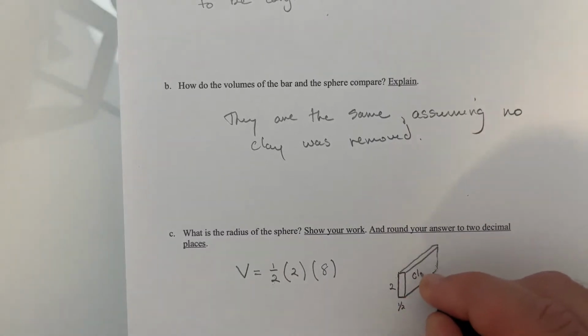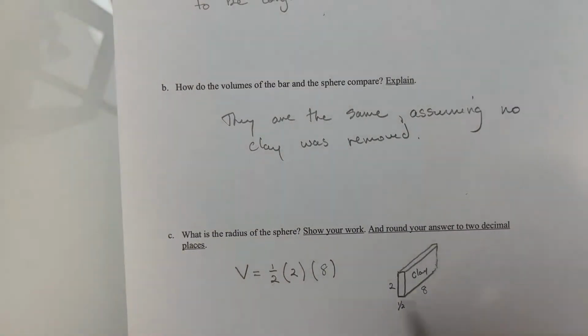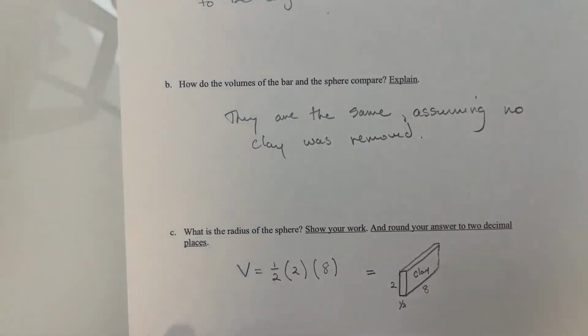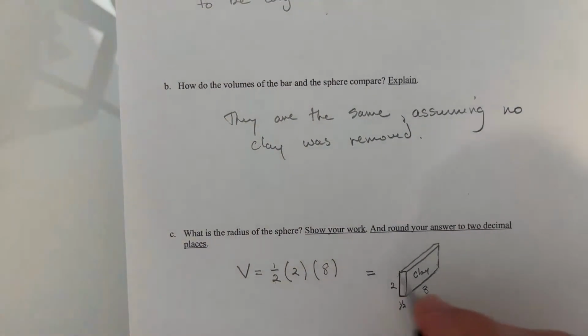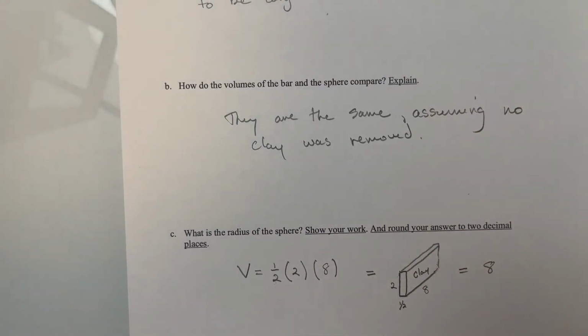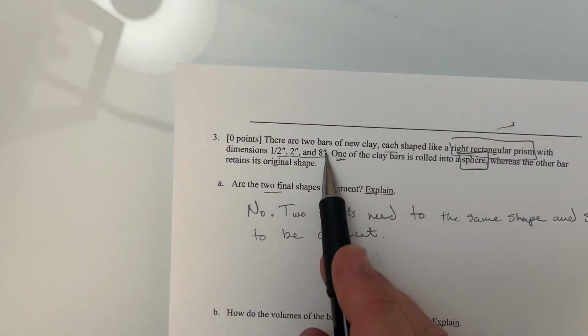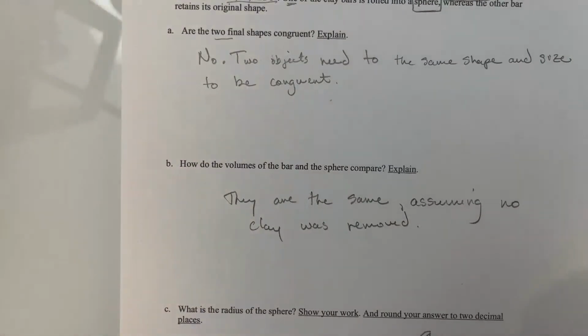So this is the kind of bar of clay that is maybe coming out of the package. So this has a volume, and it's equal to this volume. Okay, so that's 8. And it looks like inches are being used, this kind of double hash marker, what have you. So this would be cubic inches.